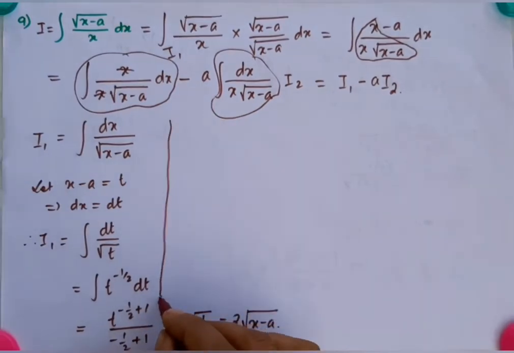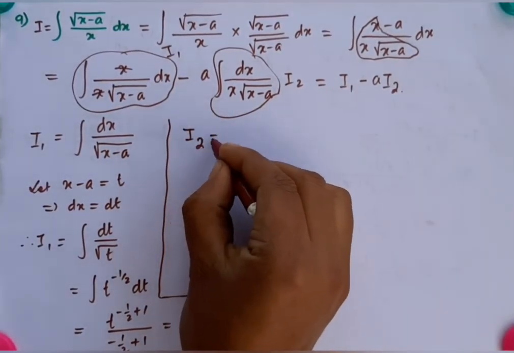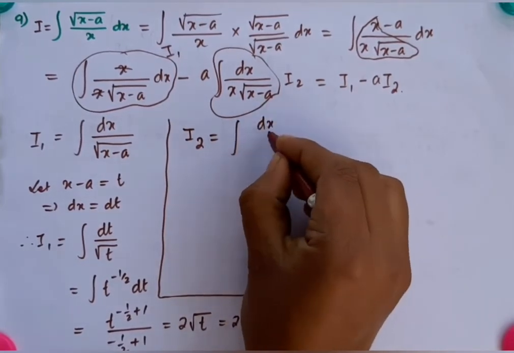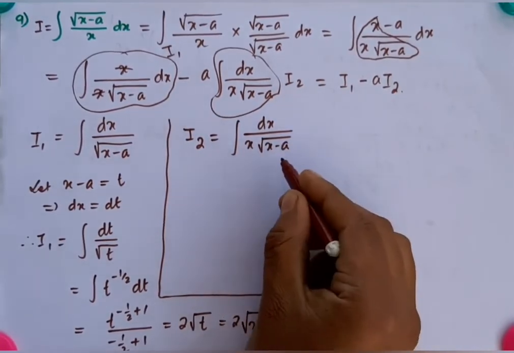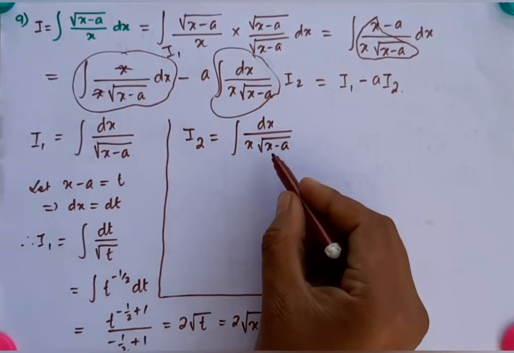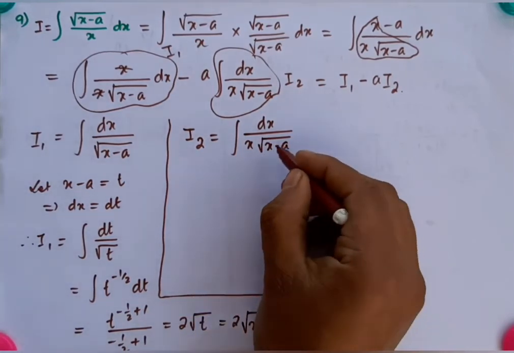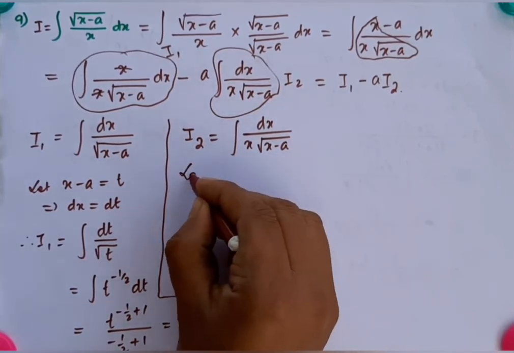Now let's calculate I2. So I2 is this integral, that is, integral dx by x times square root of x minus a. Now this is again of type D, isn't it? In type D, whatever quantity is within the square root has to be taken as z square.